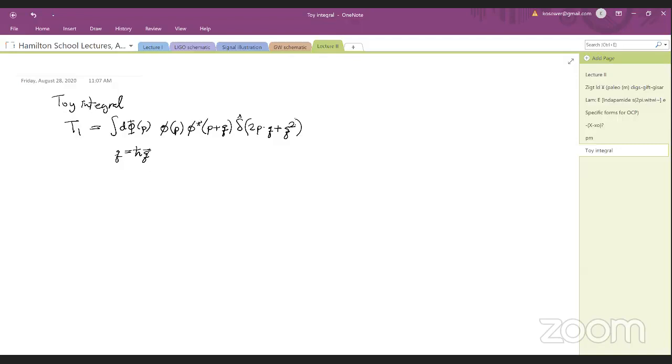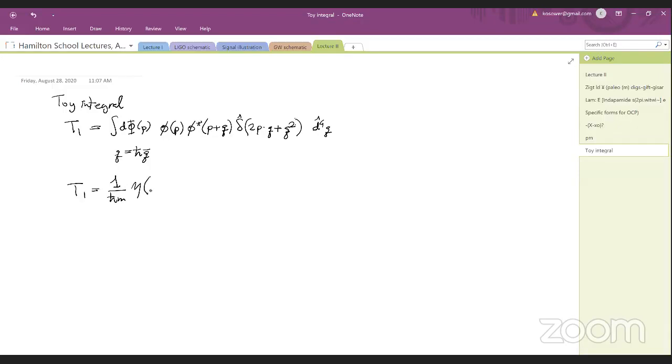I guess I should put in a d-hat for q here. One is free to change variables as one wishes, but this turns out to be a convenient thing to do. So now we have a 1 over h bar m.